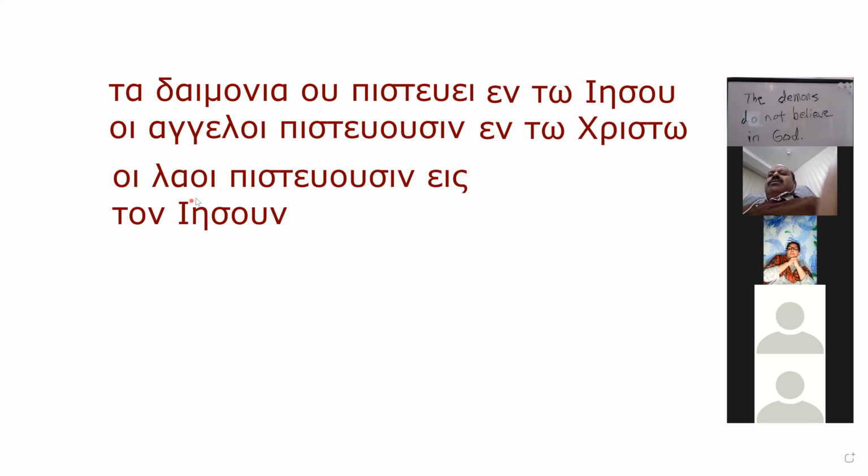Hoi laoi, the peoples are believing into Jesus, or actually we must say in Jesus in English, because into Jesus does not make good sense, but that is the actual meaning of it. They're entrusting themselves to Jesus. They trust in Jesus. We should probably change from believe to trust in order to get this across.